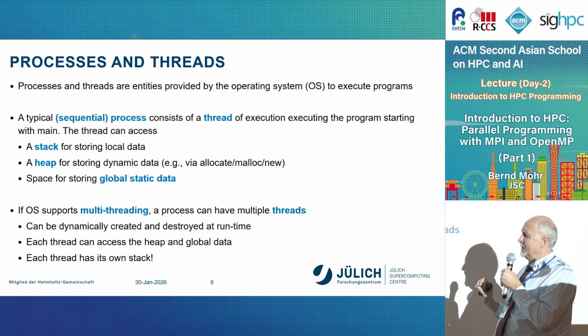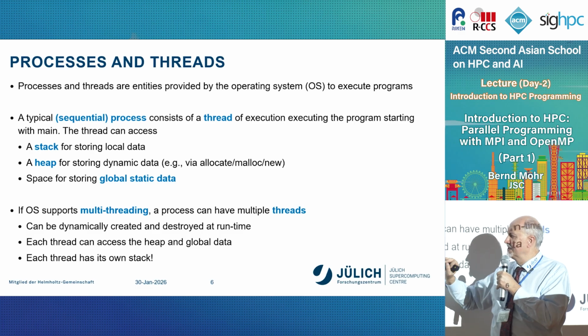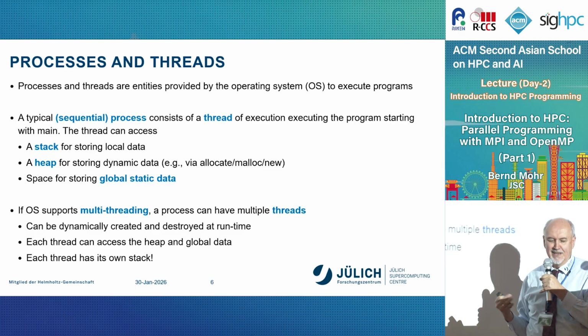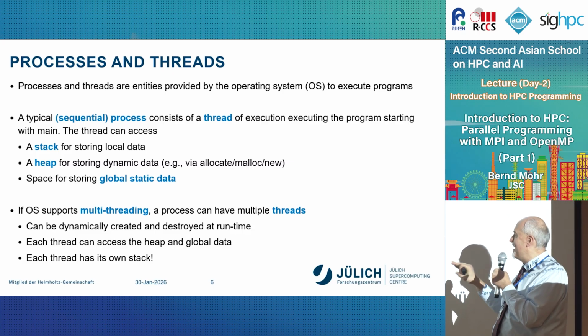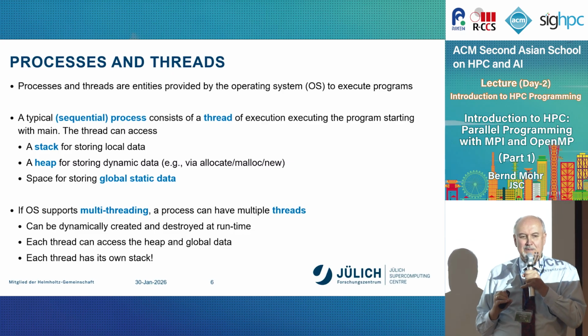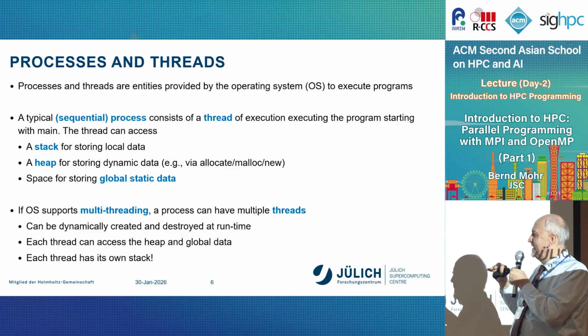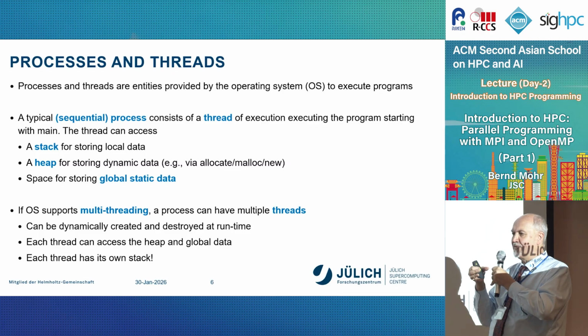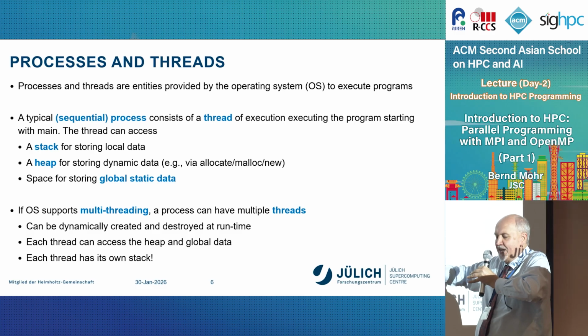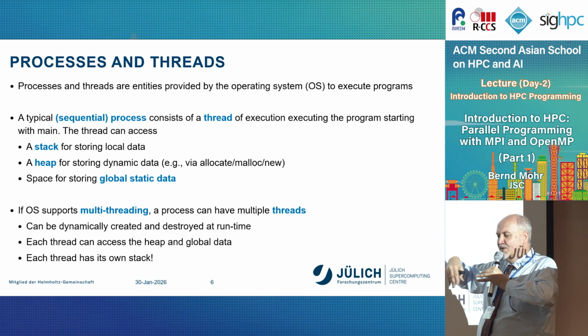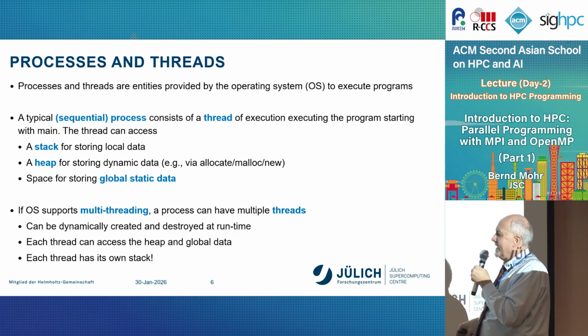If we have an operating system which supports multi-threading, then a process can have multiple threads. This means I start with one thread and then say, now I need to do 2 things in parallel. I create another thread, and then you can work on both.